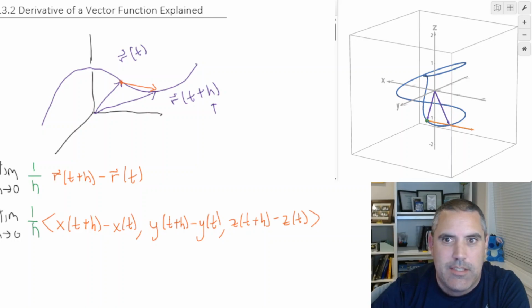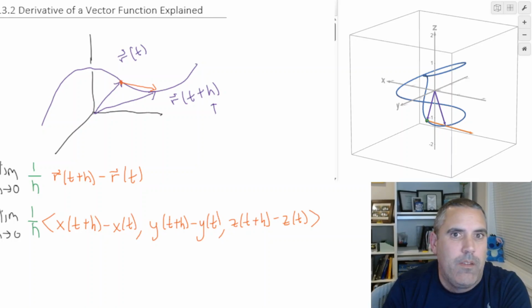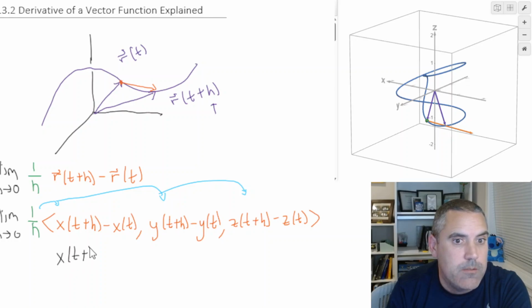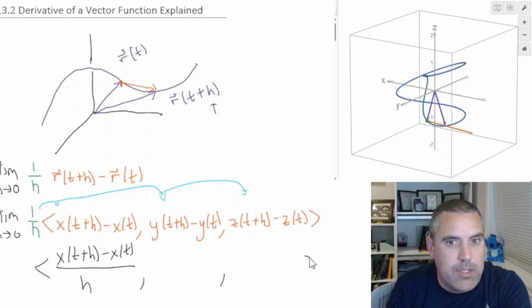And notice it didn't get shorter. These two things balance each other out. Well, how can we explain that? Well, if you distribute, you start to see that this is just the regular old definition of the derivative, but component-wise. So there's a little bit of why we like to think of things in terms of vectors, because we can have these vector explanations.